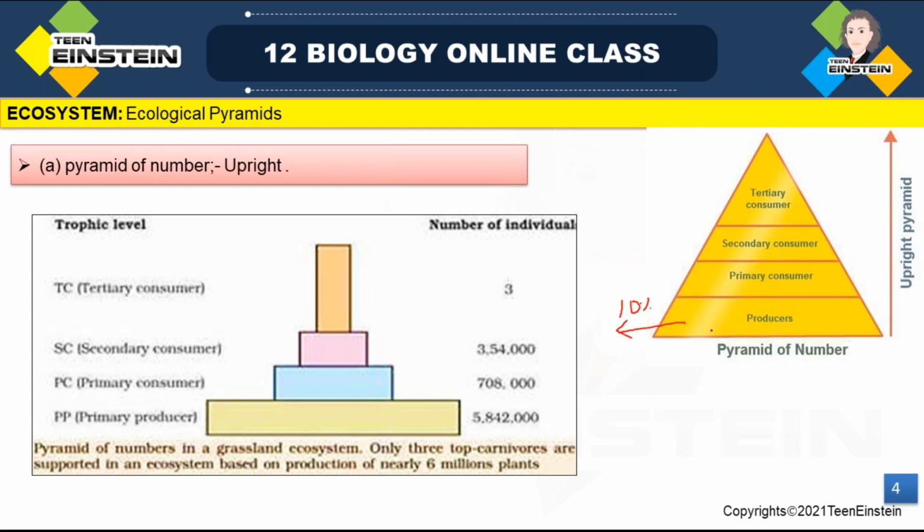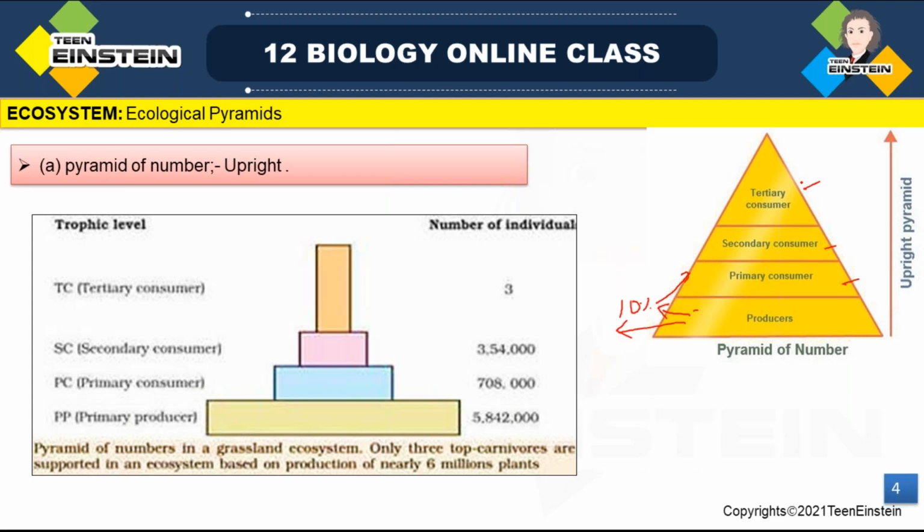Then this 10 percentage is what goes to the next level. During the transfer of food at any trophic level, whether primary, secondary or the top position, wherever it may be, only 10 percentage of the food present in that trophic level becomes part of the next trophic level.